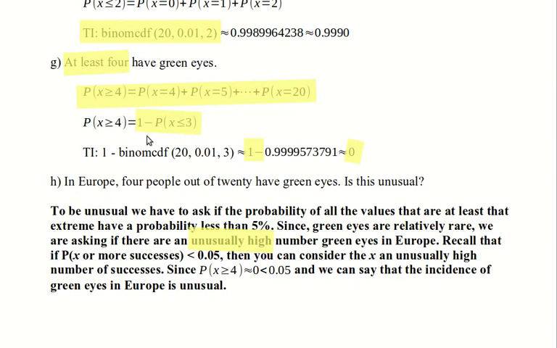We just computed that the probability that X is 4 or more, that is at least 4, is 0. So that means adding up all those probabilities, the probability that there's exactly 4 people with green eyes, to 5 to 6 to 7 to 8, all the way up to 20, and we get a probability of 0. That's definitely less than 5%. So we can say that the incidence of green eyes in Europe is unusual.